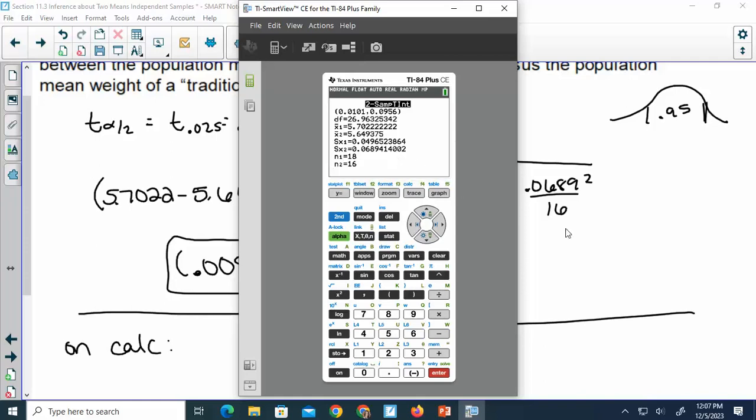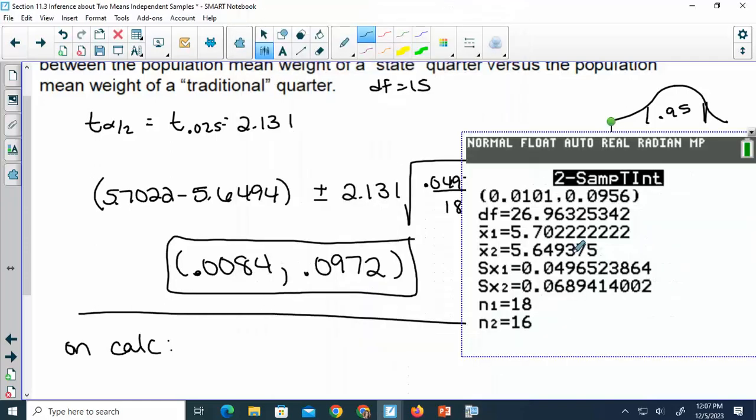Don't want that. And so we get 0.011 to 0.0956.